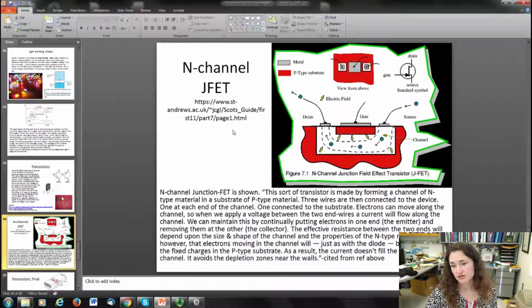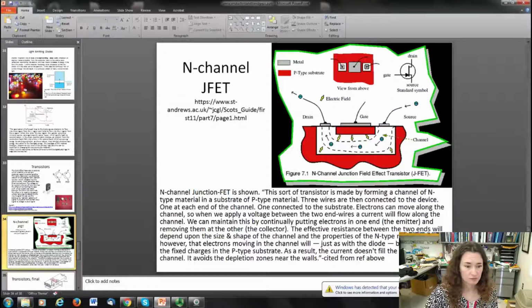The effective resistance between the 2 ends will depend upon the size and shape of the channel and the properties of the N-type material. Note, however, that the electrons moving in the channel will, just as with the diode, be repelled by the fixed charges in the P-type substrate, and as a result, the current doesn't fill the whole channel. It avoids the depletion zones near the walls.